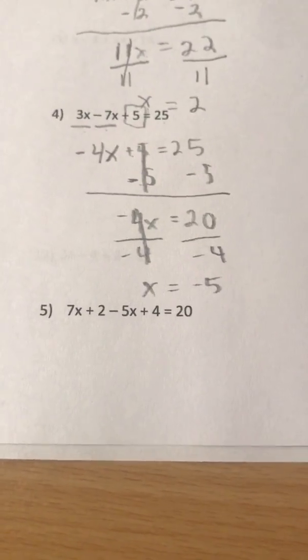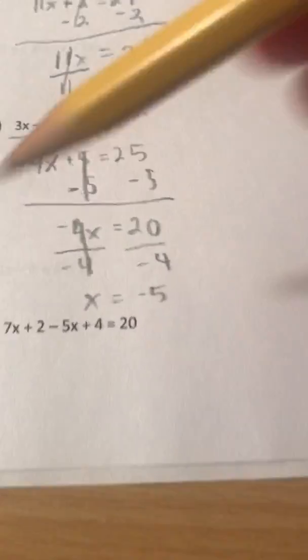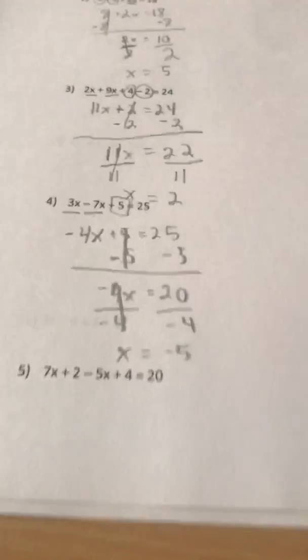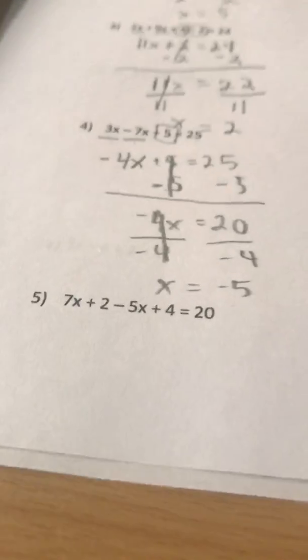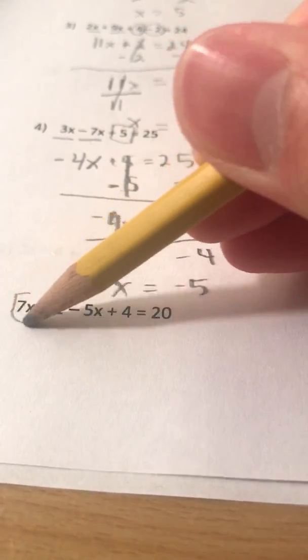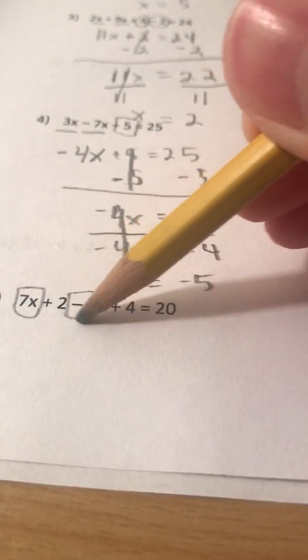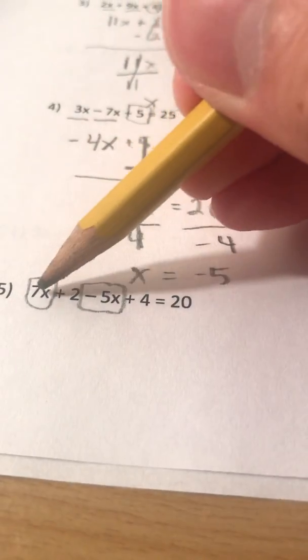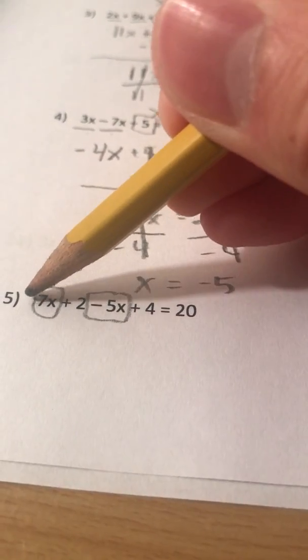Number 5. Let us combine like terms. We got 7x. We got minus 5x. By the way, every time I combine like terms, I'm looking at the sign in front of the number.